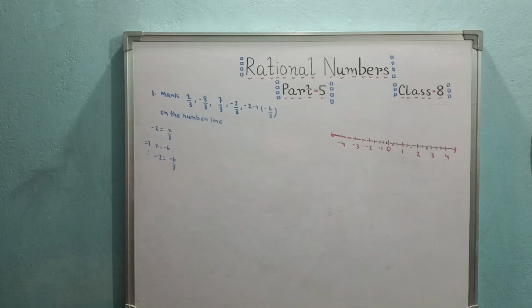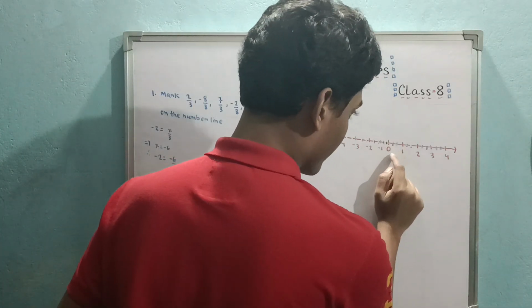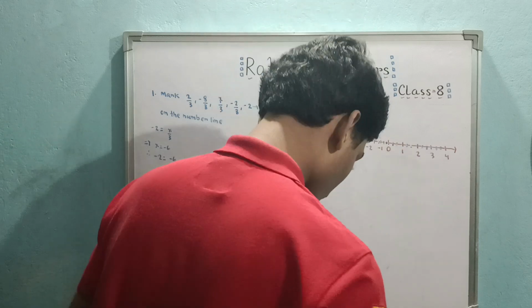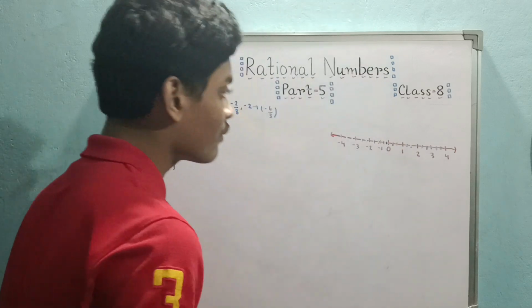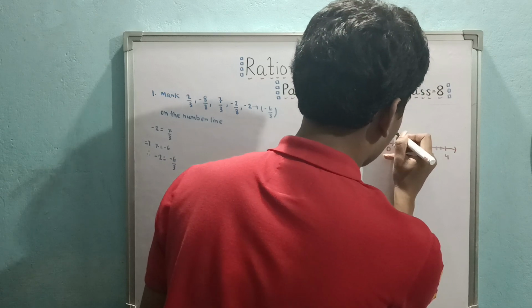So let's see the numbers. 2 by 3, 0 by 3, then 1 by 3, then 2 by 3. So this is our first number, 2 by 3.